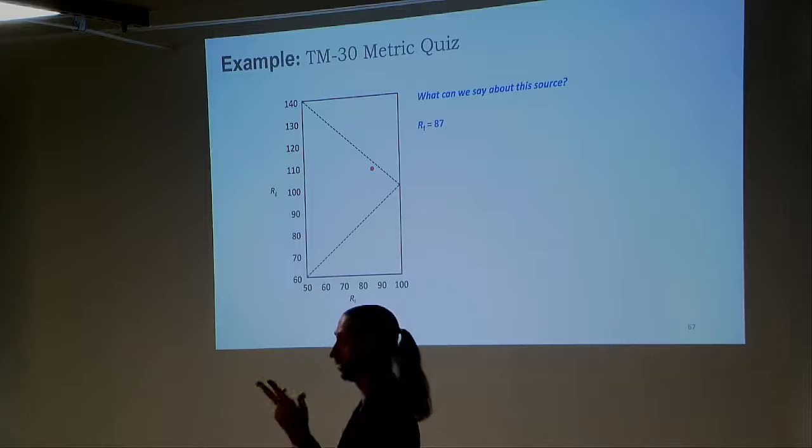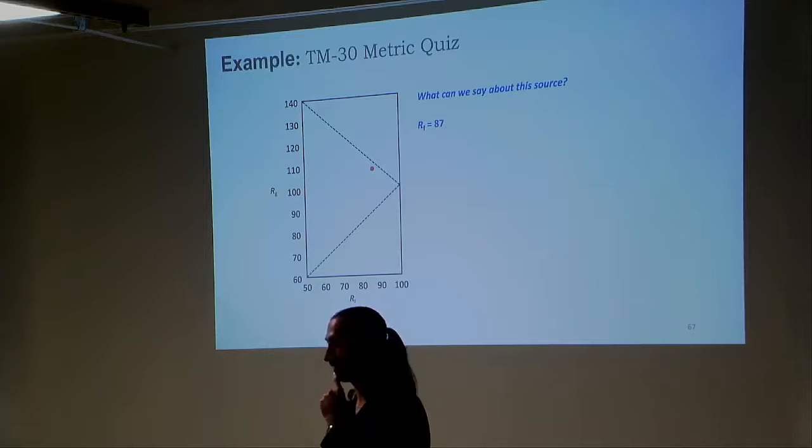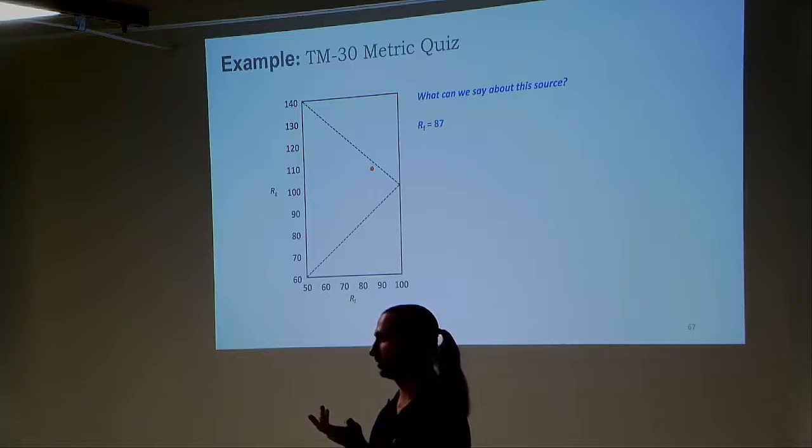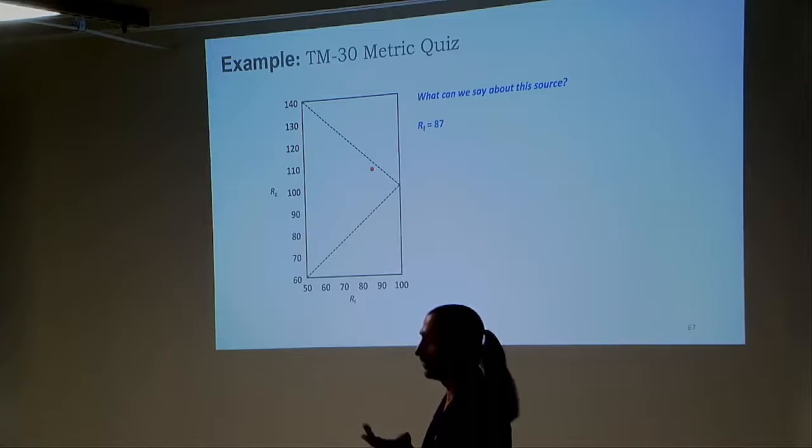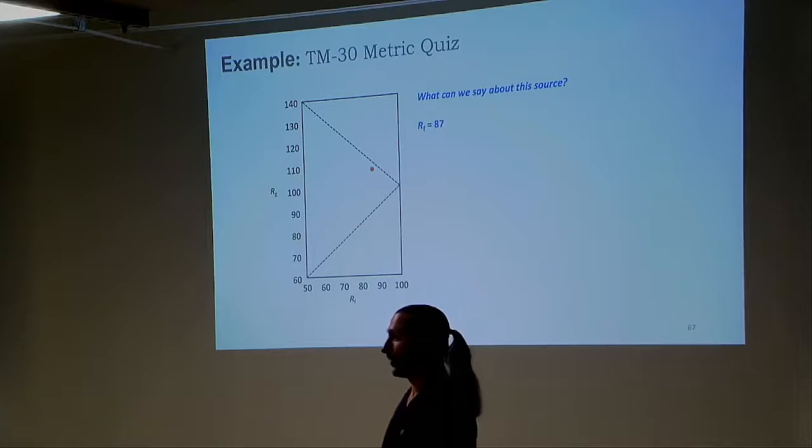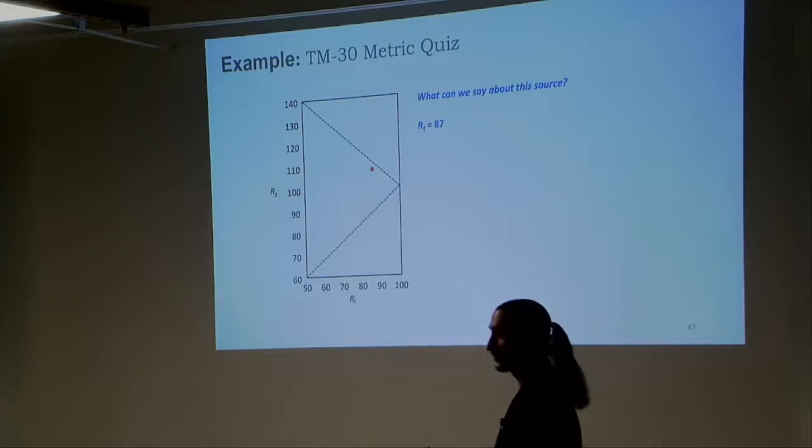Okay, what about the number 87 itself? So it's not a percentage. It's not a percentage, there's no units, right? Exactly. All we know with that number is that there's some deviation.